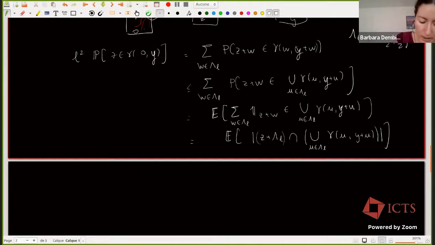So now I can split my computation in two. I have CL, which is the part where you have coalescence, plus the expectation of the indicator that you don't have coalescence.